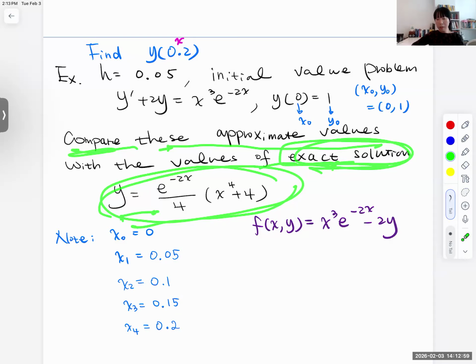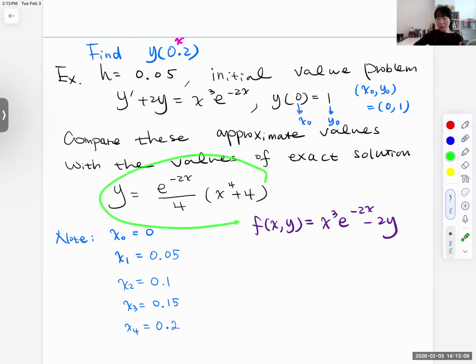So in that case, we cannot know the exact solution, the original solution. But in this case, it's given, so we can compare how close the approximation is to the actual solution, right? Okay, so let's do it.